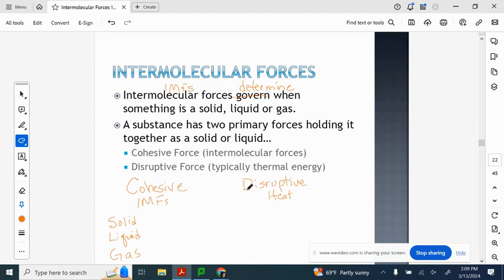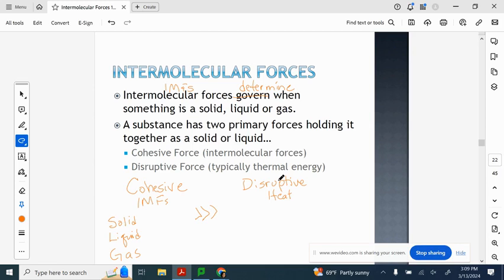When you have a solid, you have very strong cohesive forces compared to the disruptive forces of heat. So your desk, your pencil, those are all things that are going to have very strong IMFs compared to room temperature. Take your pencil, it's made out of plastic.